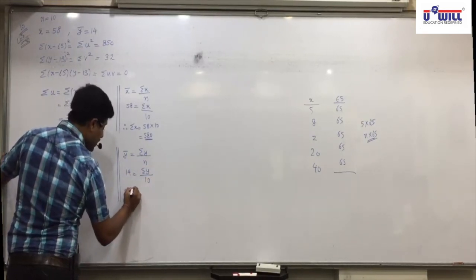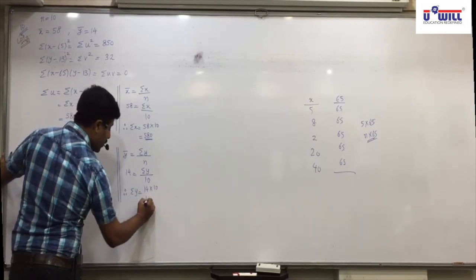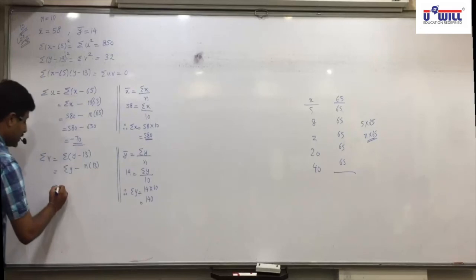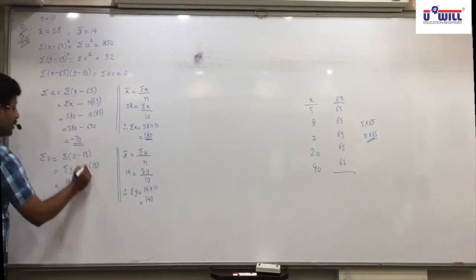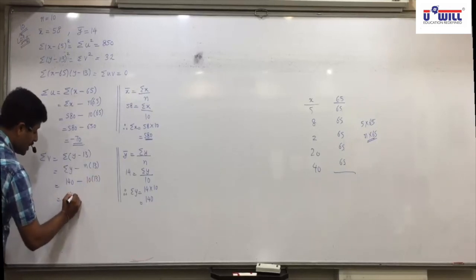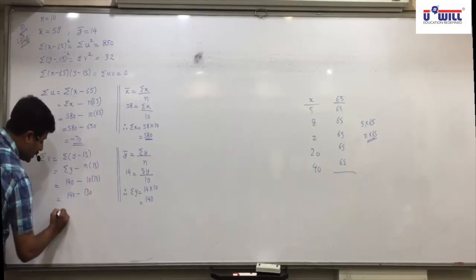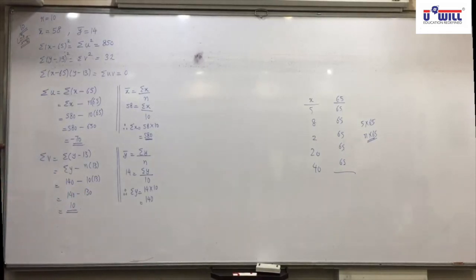So what will be sigma y? 14 into 10, that is 140. Means in sigma y we will put 140 minus n, 10 into 13. 140 minus 130, that is 10. Understood this, everyone?